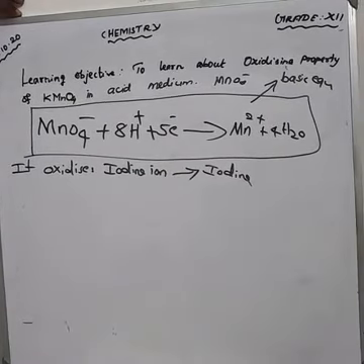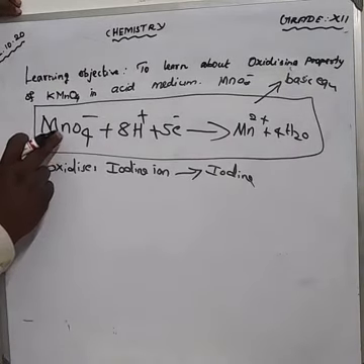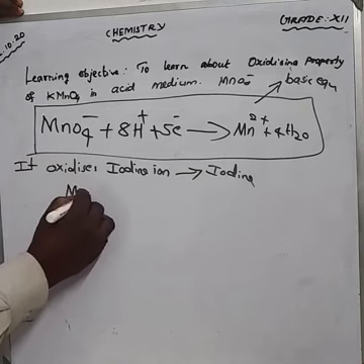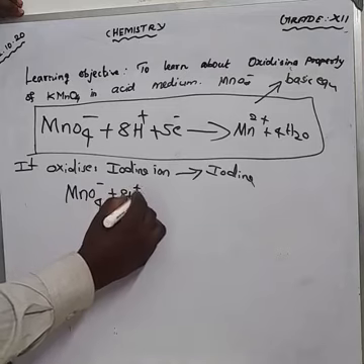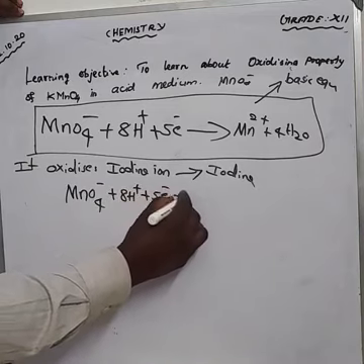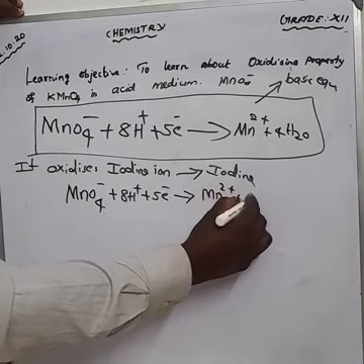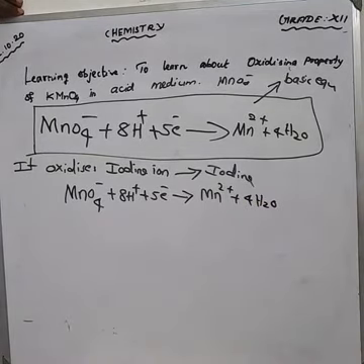Clear? Anyhow, first you should write the basic equation. What is the basic equation? MnO4 minus plus 8H plus plus 5 electrons gives Mn2 plus plus 4H2O. Clear? This is the basic equation.